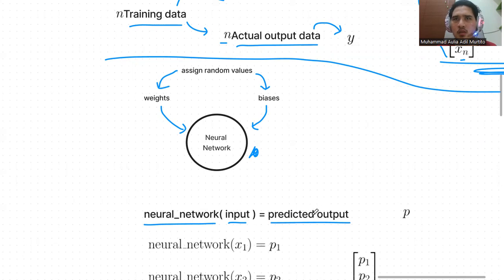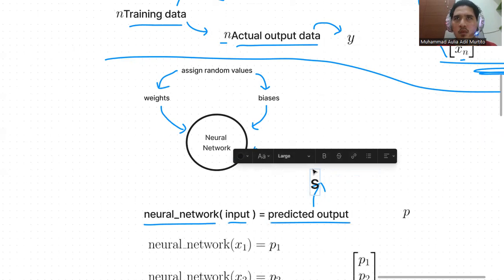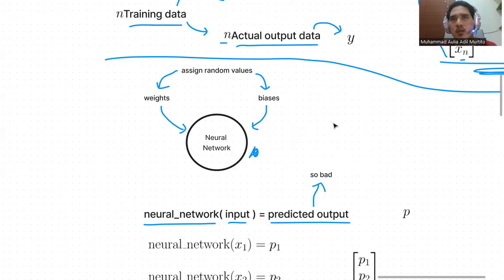Now, this predicted output, of course, will be so bad, because the weights and biases are random.